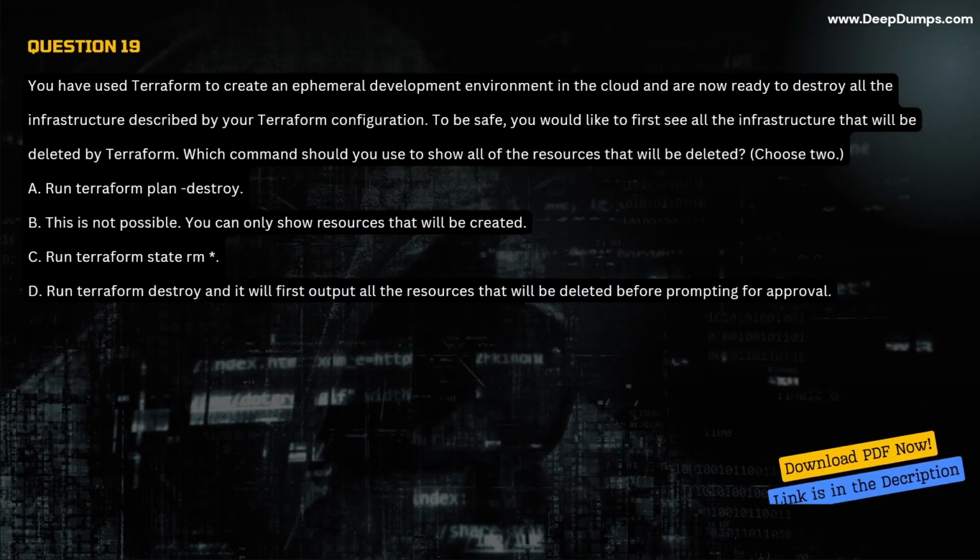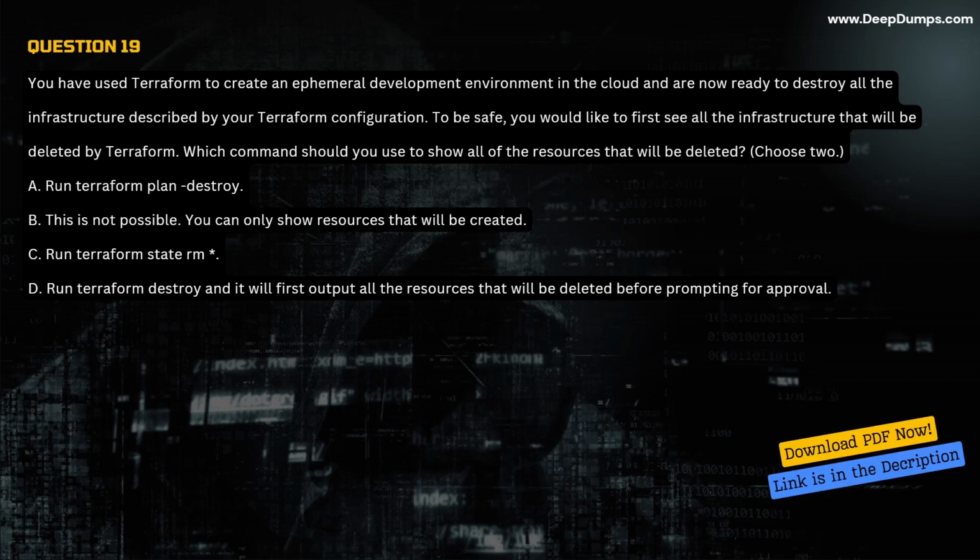Question 19. You have used Terraform to create an ephemeral development environment in the cloud and are now ready to destroy all the infrastructure described by your Terraform configuration. To be safe, you would like to first see all the infrastructure that will be deleted by Terraform. Which command should you use to show all of the resources that will be deleted? Choose 2. A. Run terraform plan -destroy. B. This is not possible. You can only show resources that will be created.